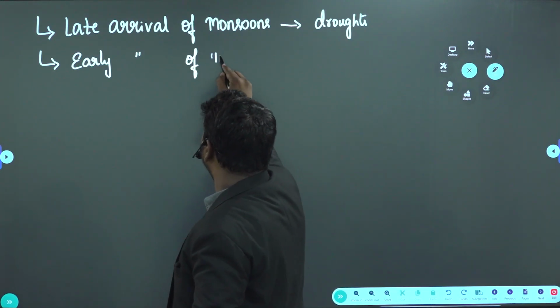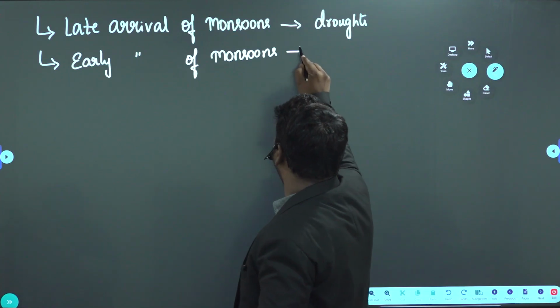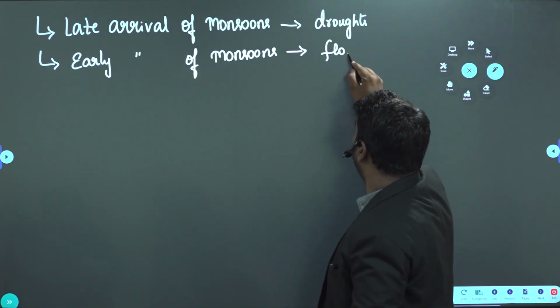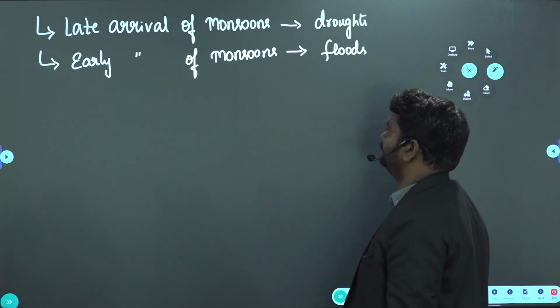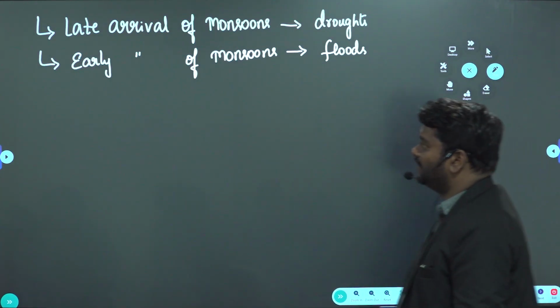Early arrival of monsoons, India will have floods. This they will ask us.